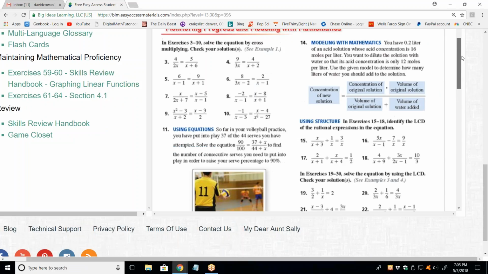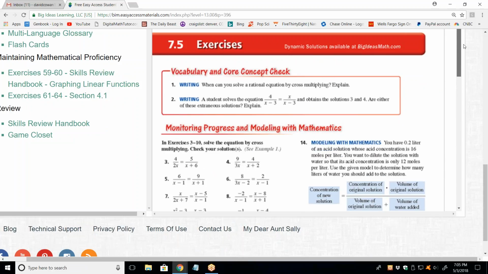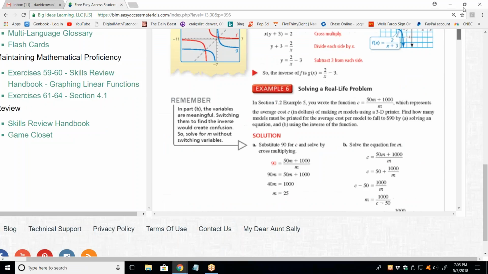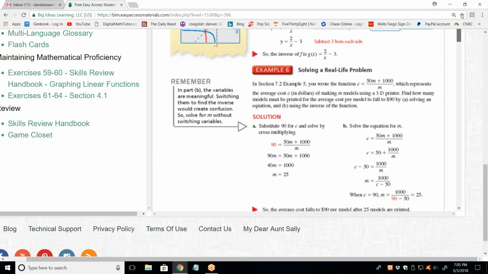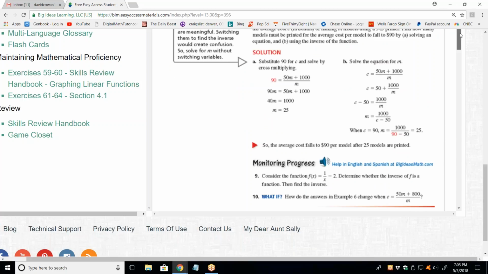Let me go up to their example and see if I can figure out what they are doing. No, it really doesn't look like it. I don't see what they're doing, but that doesn't matter.